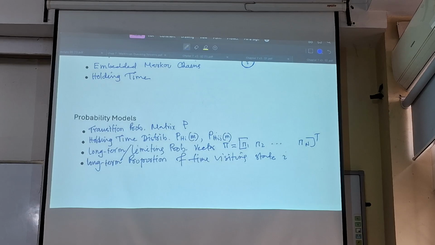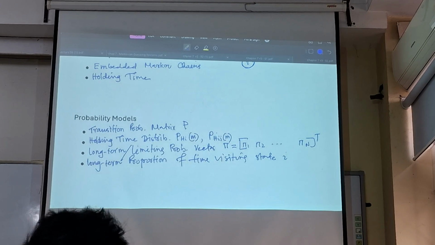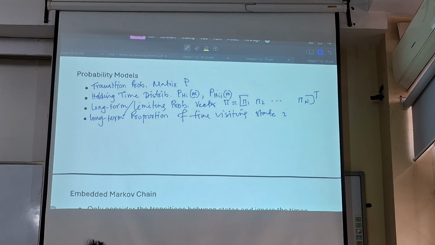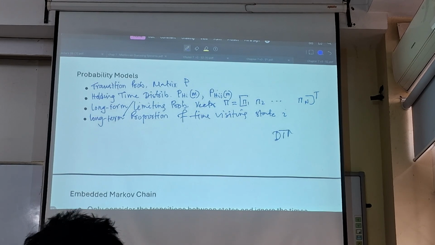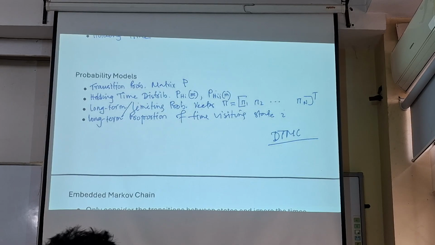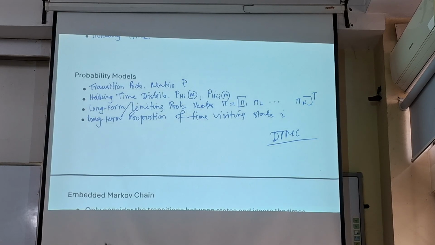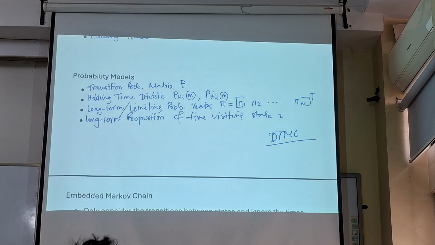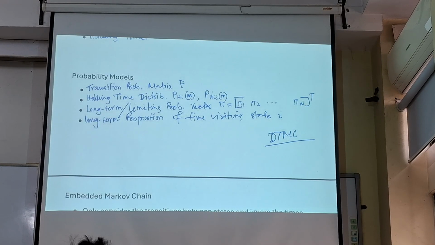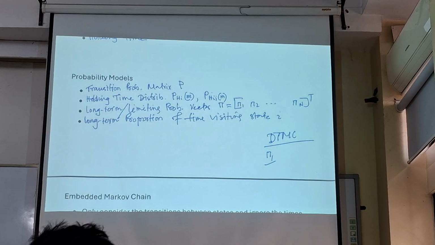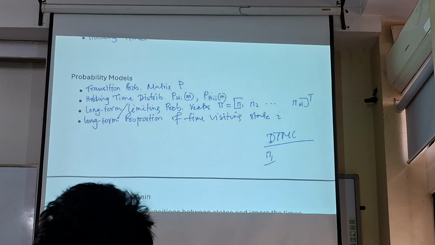Now, there is a question. If we are considering a pure Markov chain, DTMC, what is the proportion of time in the long run that the process will be in state I? Pi I. What is the frequency that the process will be in state I?